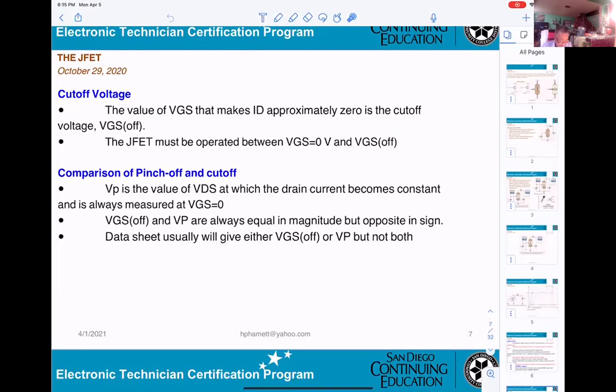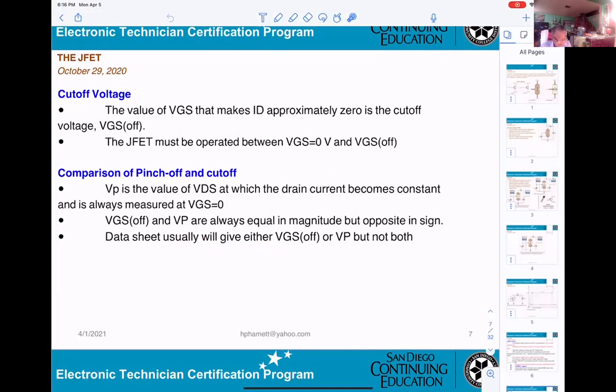Comparison, pinch off and cutoff. VP is the value of VDS at which the drain current becomes constant and is always measured at VGS equal 0. VGS off and VP are always equal in magnitude but opposite in sign. So the data sheet normally gives either VGS off or VP, but not both.